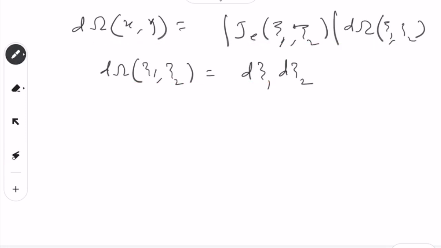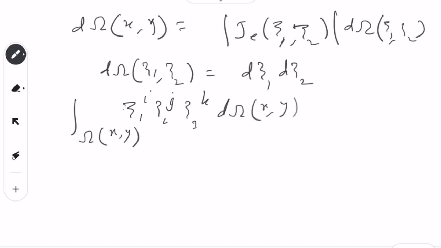So if you have the integration over omega xy of xi 1 to the i, xi 2 to the j, xi 3 to the k, d omega xy, and we have not converted this into the xi 1 xi 2 system, then this will be simply 2 times the area of the element in the xy system. It is already integrated, so you just have to write the actual area.